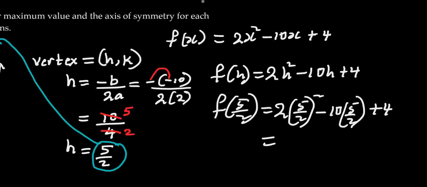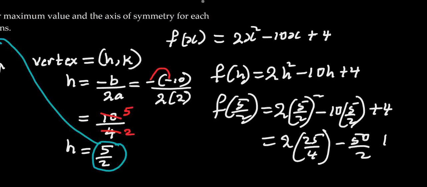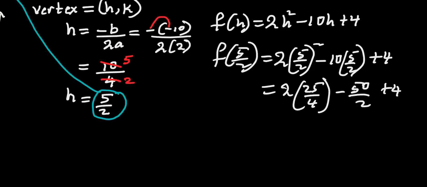And this is going to be 25 over 4 minus 50 over 2 plus 4. Now, we can multiply by 2. 5 times 2 times 25, that's going to give us 50.